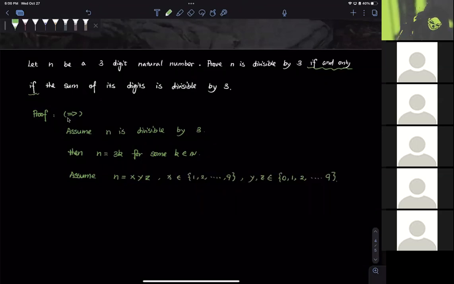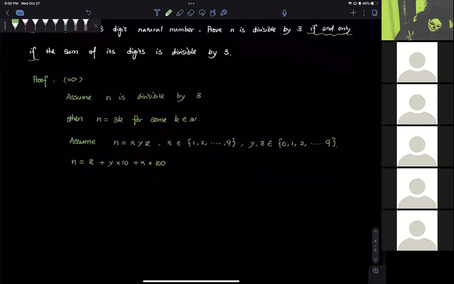Okay. Now n equals z, plus y times 10, plus x times 100. Okay, this looks easier for you guys, I hope.